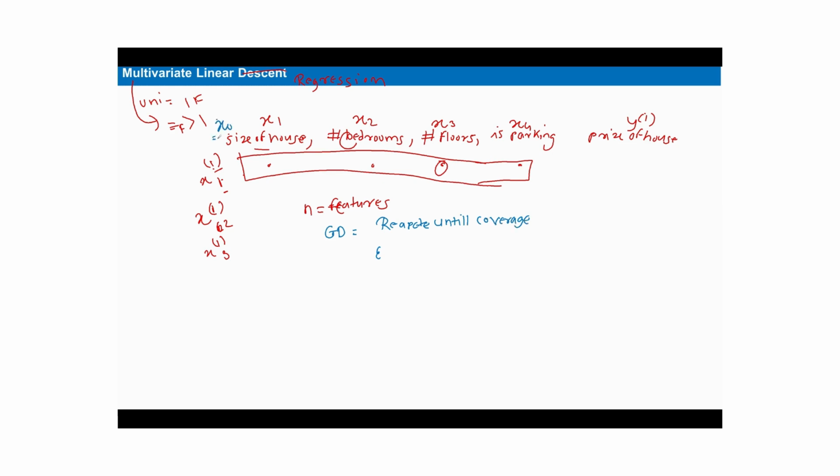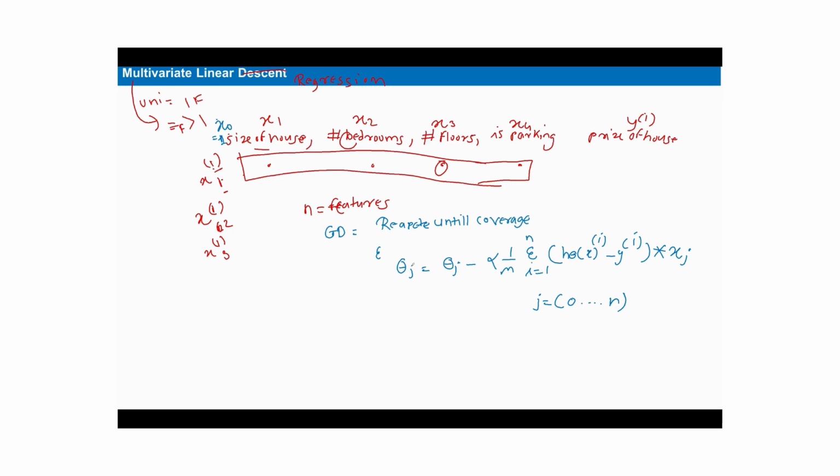For simplicity, we keep x0 as 1. So theta j is equal to theta j minus alpha into 1 upon m, summation of i equal to 1 to m, h of theta x of i minus y of i, into, this is important, xj. And j ranges from 0 to n.